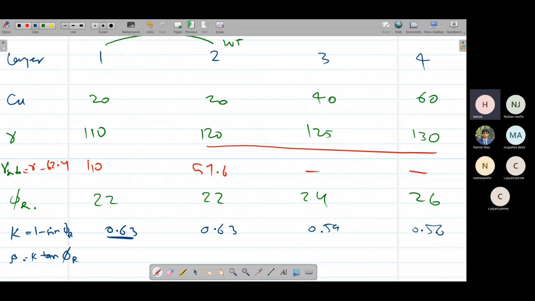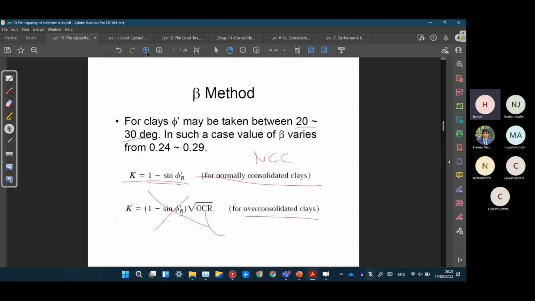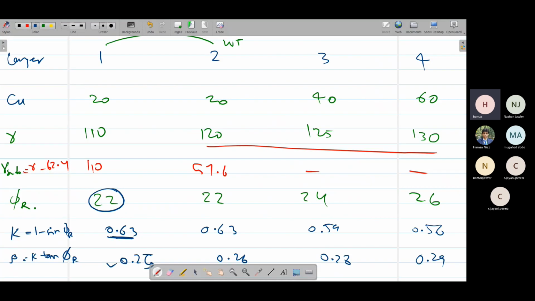Simply multiply this K with tan of this 22. So we get values like 0.25, 0.26, 0.248, 0.29. So the beta values usually vary in this range, and some values will be generated for these.